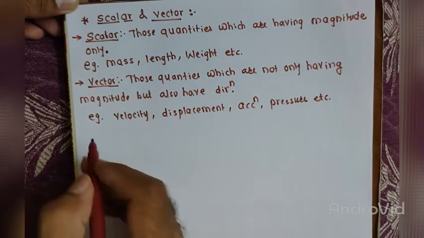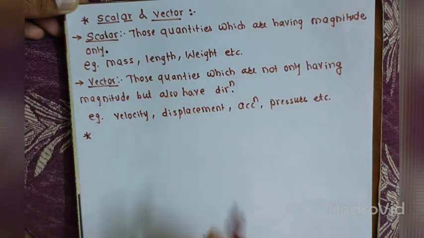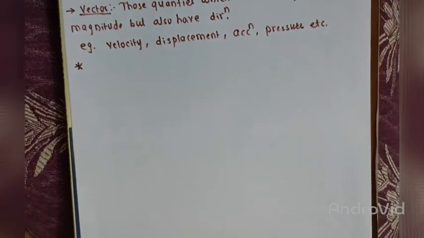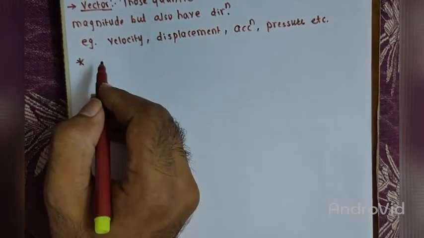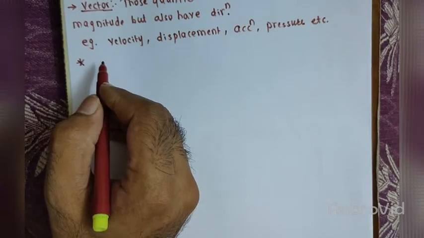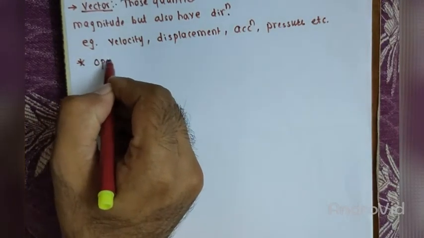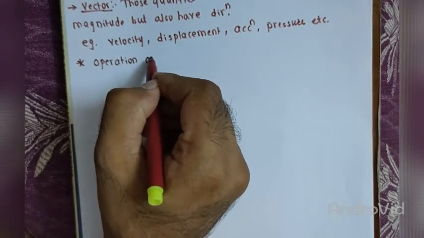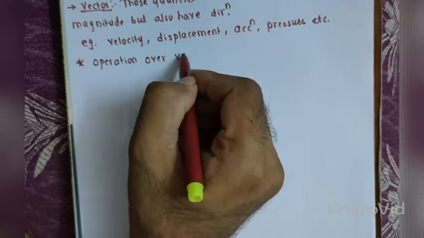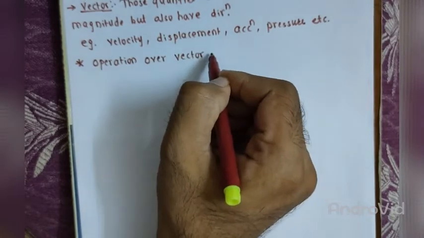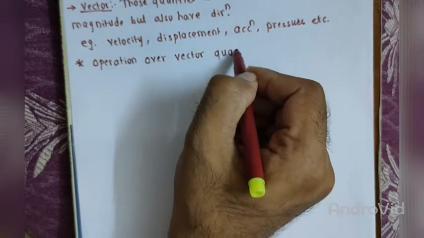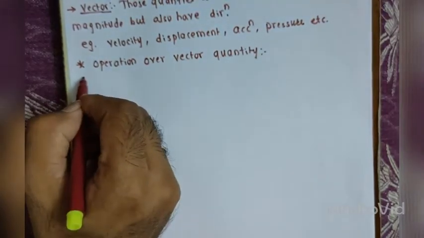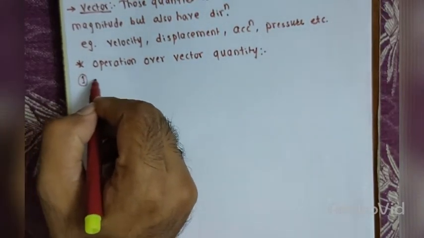Now the next heading is what are the possible operations on vector quantities. Basically there are three types of operations possible over a vector quantity.